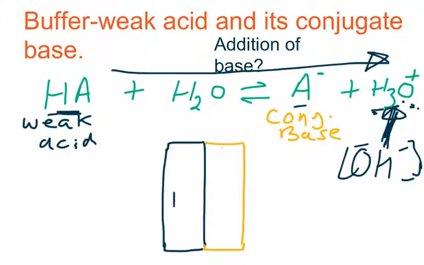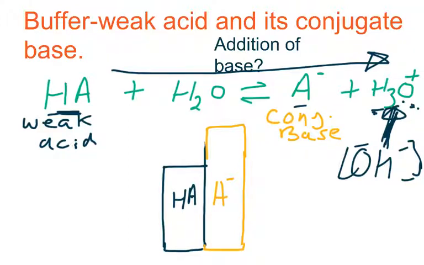So if this is HA, and this over here is our A-, what's happening? We are losing some of our HA, so the amount goes down. But on the opposite side of that, we are going to gain some more A-. So from the original ratio amount, it does not change that much.